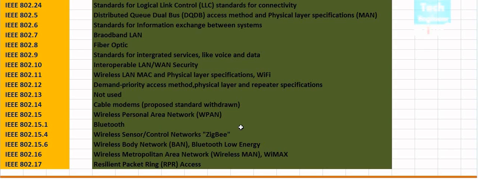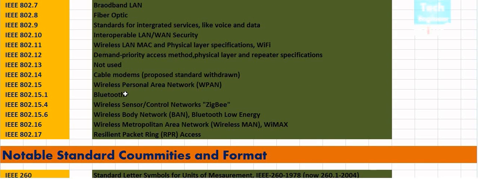And 15.1 is the new Bluetooth device, an upgraded version of infrared. You might have had infrared in your smartphone in earlier versions of mobiles, and now it's discontinued, but you might have it from the old era, or my son might use those.